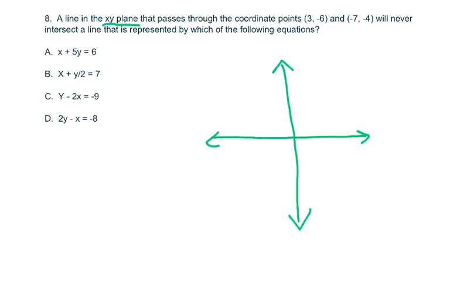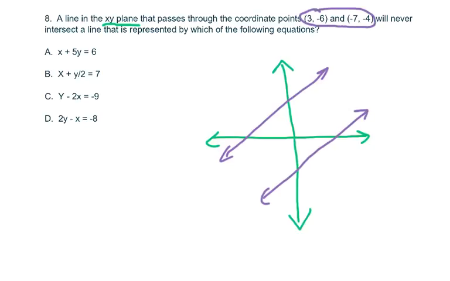I'm just going to draw two parallel lines, and they will never intersect. So we're going to find the slope of this, because parallel lines have the same slope. We're going to find out which of these answers have the same slope.